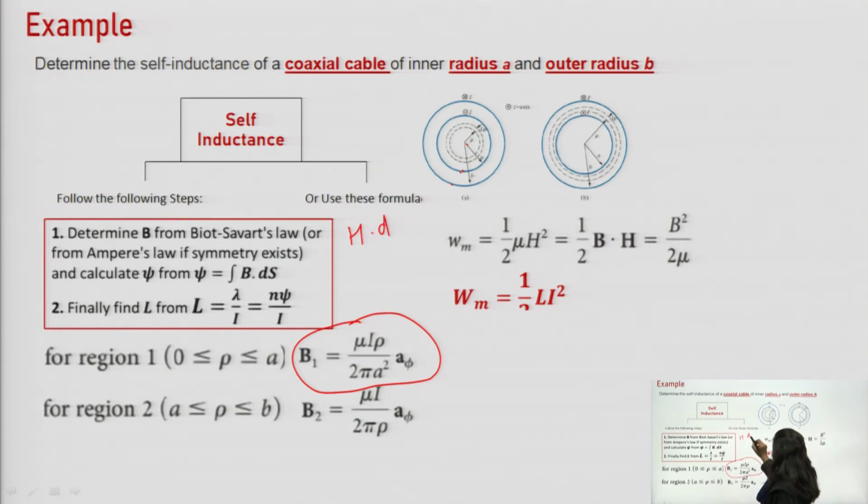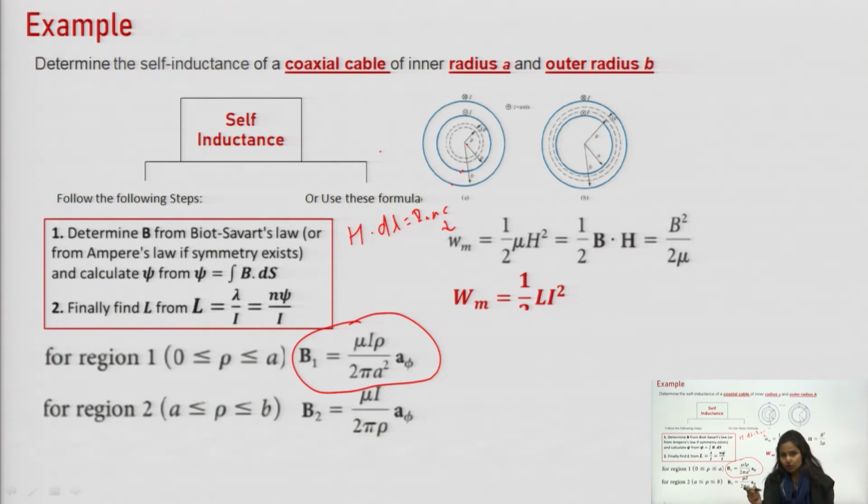It is just the closed integral of H dot dl equal to I enclosed. In the first case, the total current flowing in the inner conductor is I, coming outward, and for the outer conductor the current is going inward and the value of the current is I. So the magnetic field at any point outside will be equal to 0, because the total I enclosed for an outside point will be 0, since one current is going inside and the other is going outside.